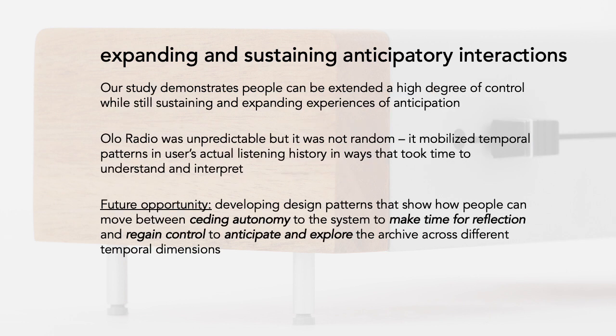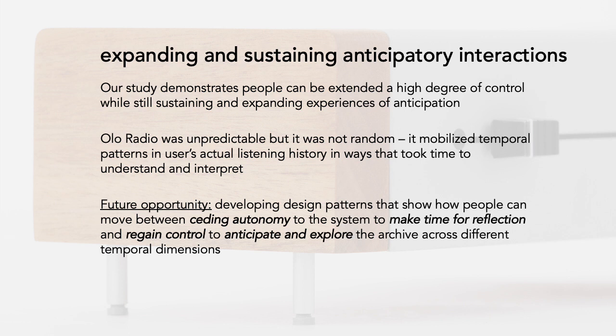Our study demonstrates people can be extended a high degree of control while still sustaining and expanding experiences of anticipation. Olo Radio was unpredictable, but it was not random. It mobilized temporal patterns in our users' actual listening histories in ways that took time to understand and interpret.